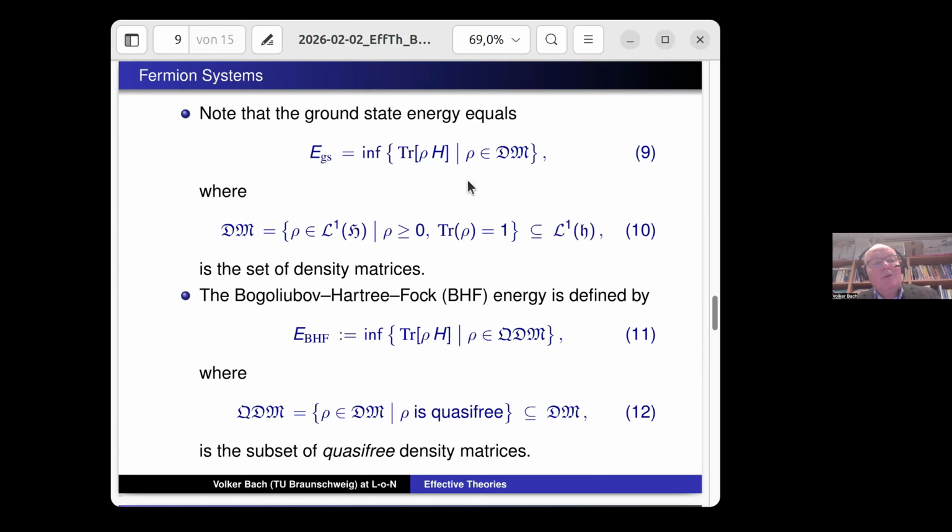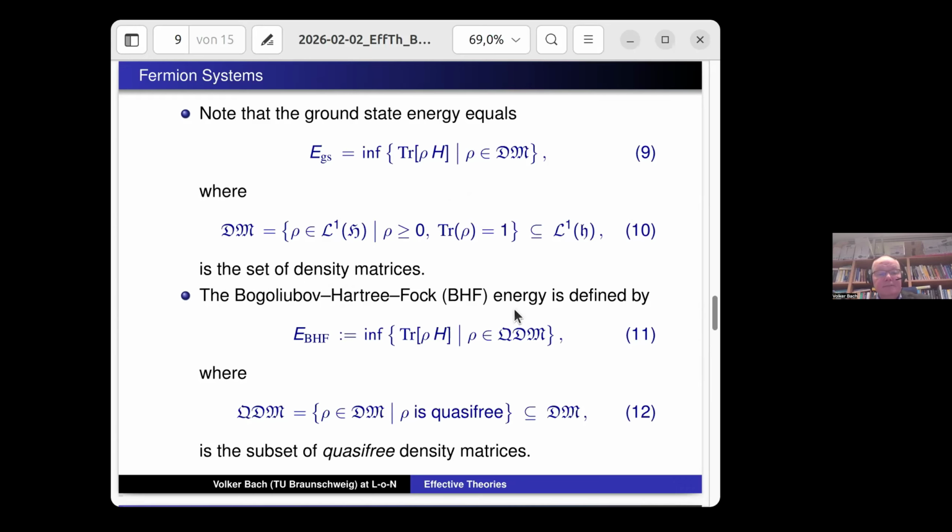So these density matrices are then a subset of the trace class operators. And now I come to define the Bogoliubov-Hartree-Fock energy. It started out from the Hartree-Fock theory for atoms and molecules, and then including the contributions of Bogoliubov, led to a more general form of this approximation, which is now in the community often called Bogoliubov-Hartree-Fock energy.